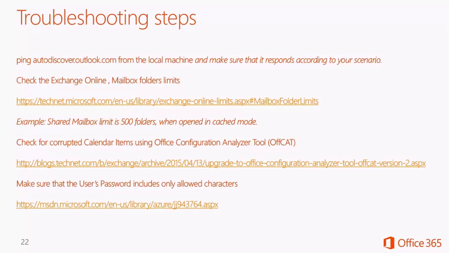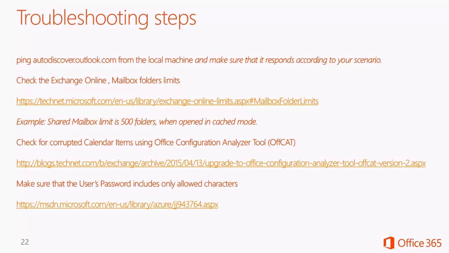Try to see the limits also, because it can just be entering a not responding state. Try to limit on the folder, especially when customers open shared mailboxes in cached mode. There is a limit of 500 folders per shared mailbox.